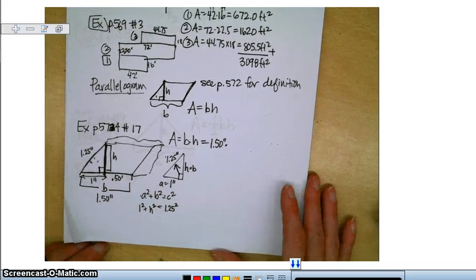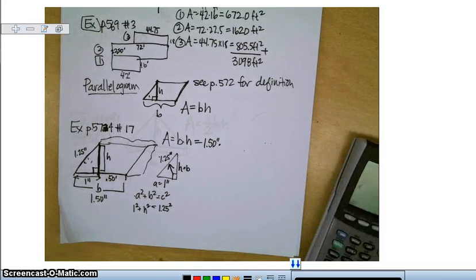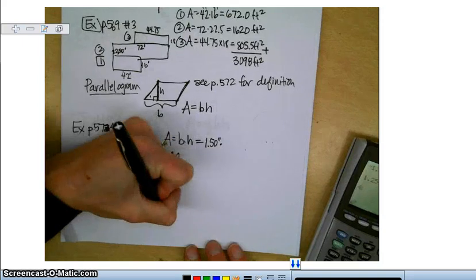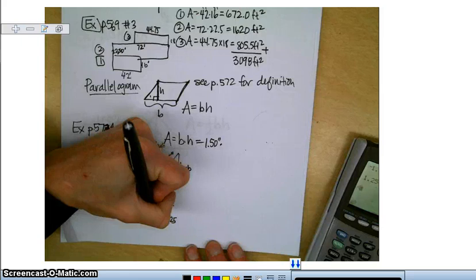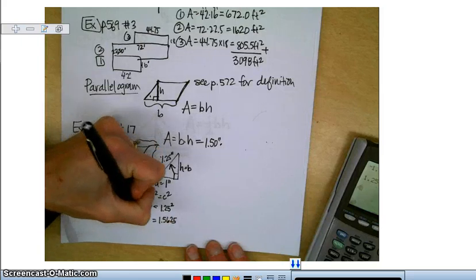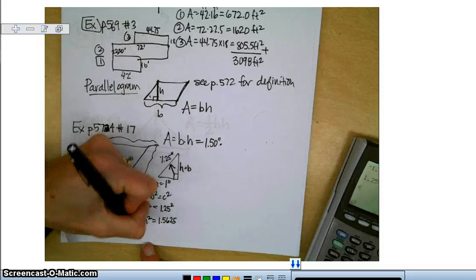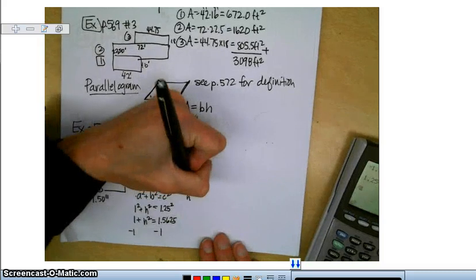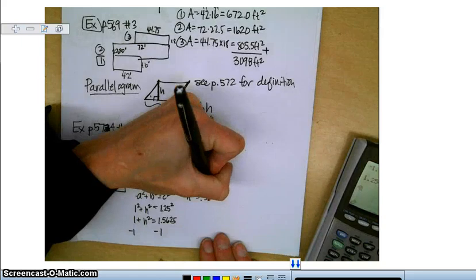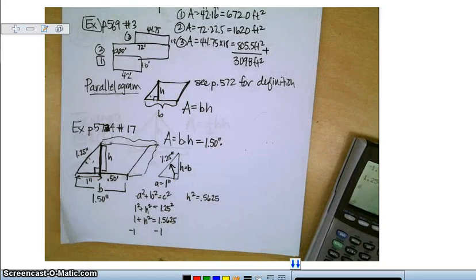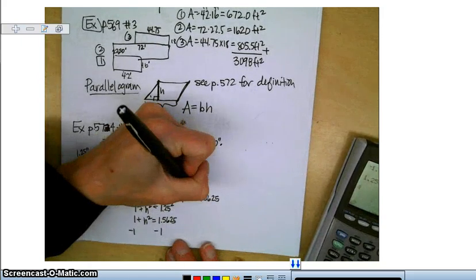So to solve this, I'm going to square 1.25, take it times itself, and that gives me 1.5625. I do not round. And 1 squared is 1, and then I have h squared still. I need to get h squared by itself, so I'm going to subtract 1. So then I'll get h squared equals 0.5625. And then to get rid of the squared, I'm going to take the square root of both sides.